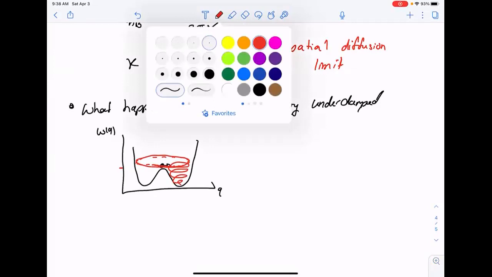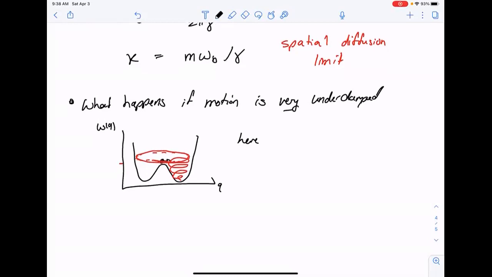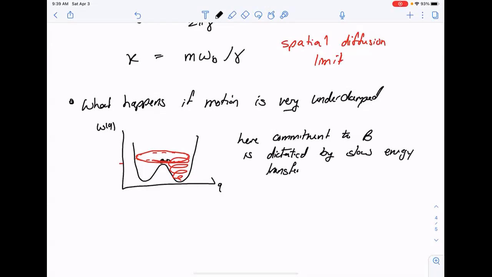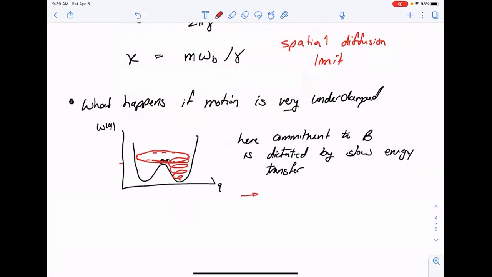So in a very underdamped limit, the limiting factor is not the ability to move spatially in Q, but rather for energy to diffuse away from this mode Q. So instead of thinking about a spatially diffusive limit, one could consider the so-called energy diffusion limit.